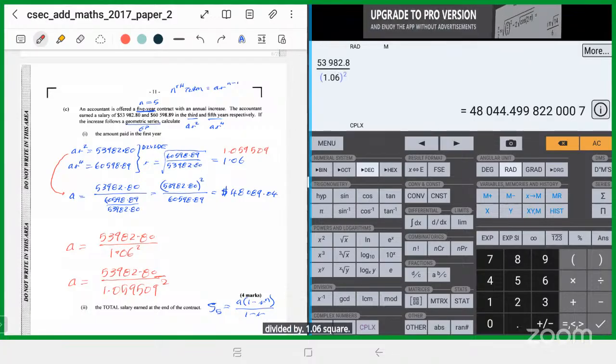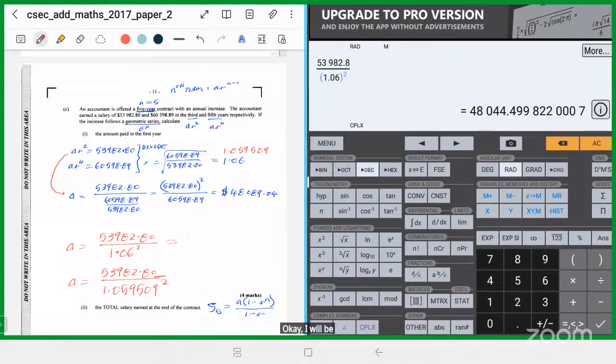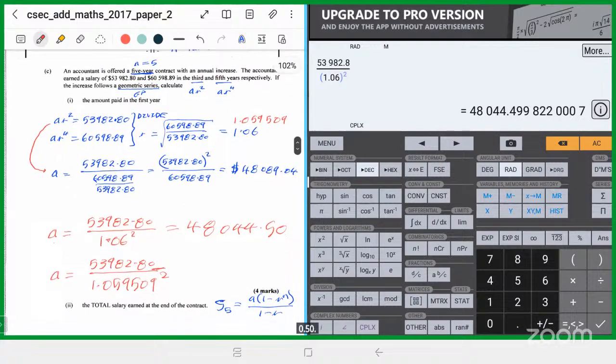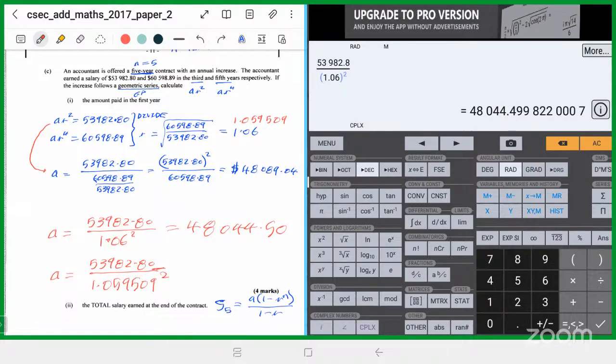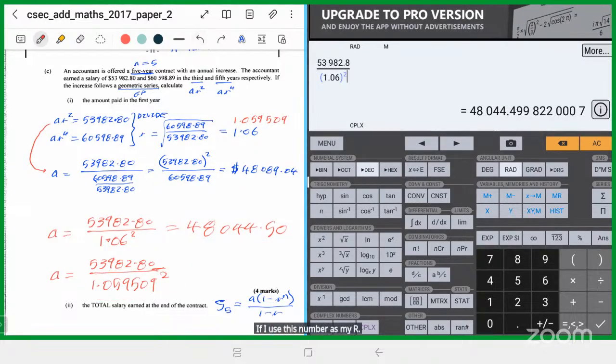What would I get for this one? I'm getting 48,044.50. Compare now this with this. If I use this number as my r, let's see what I would get.